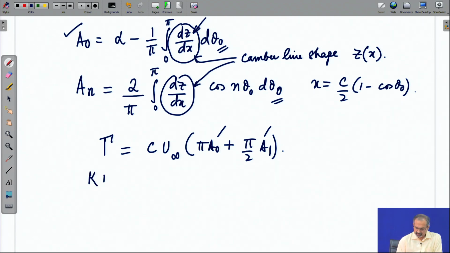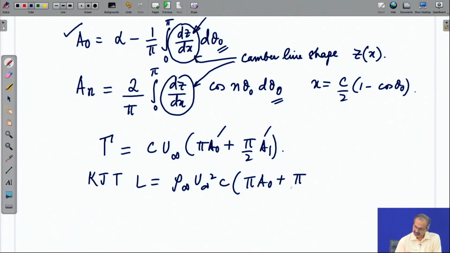And by Kutta-Joukowski's theorem, you can obtain the lift per unit span. And what does that come out to be? It comes out to be again a function dependent on the first two coefficients, from which you can non-dimensionalize and express it in this form.